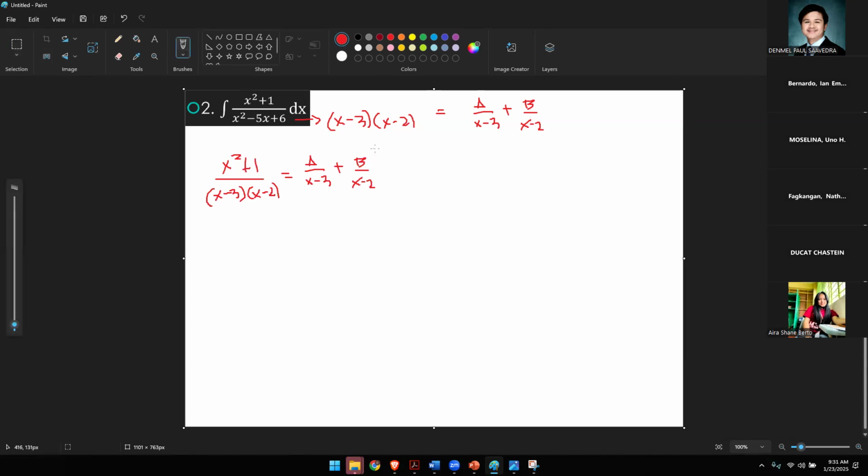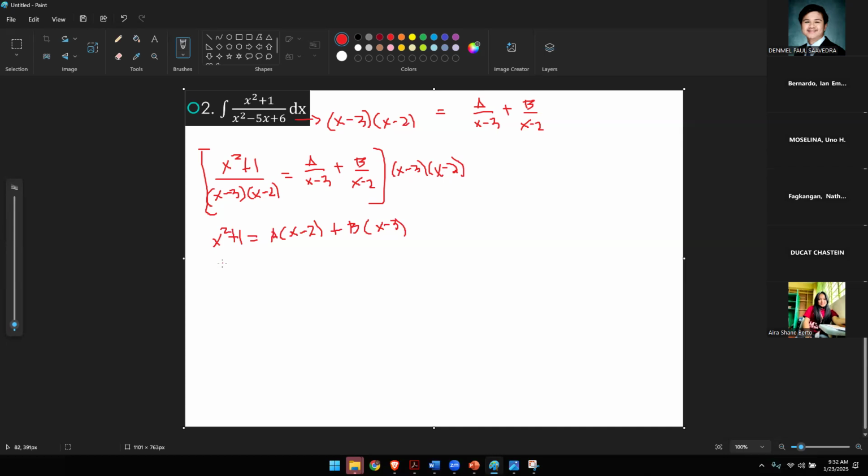And then we multiply this to the entire equation, x minus 3 times x minus 2. So this will cancel, retaining the x squared plus 1 is equal to, so x minus 3 will cancel, retaining the a times x minus 2 plus x minus 2 will cancel, retaining the b times x minus 3.